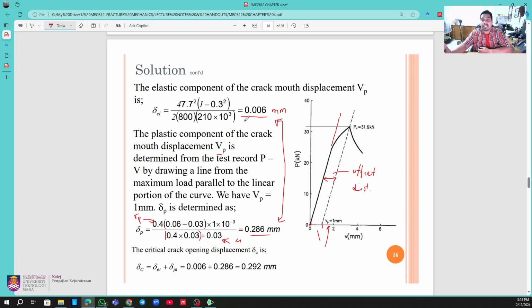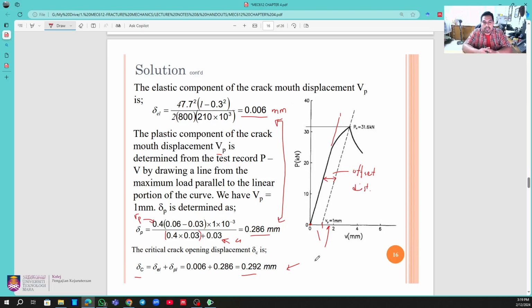So it shows that in the case of EPFM, almost all the material has been transformed into the plastic zone, which is why the value is very large compared to the delta elastic. Then we combine everything: delta elastic plus delta plastic gives 0.292 millimeter. So this is how we solve the CTOD in our case.